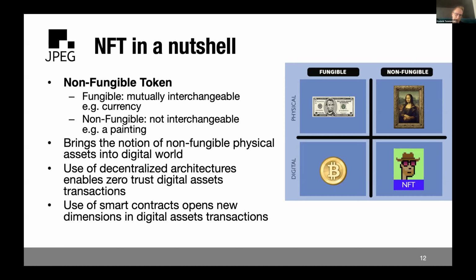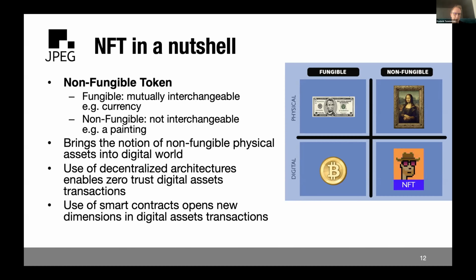So in the real world, you can trade a painting, for example, and with NFT that brings that notion to the digital world, just like cryptocurrencies did for financial transactions.